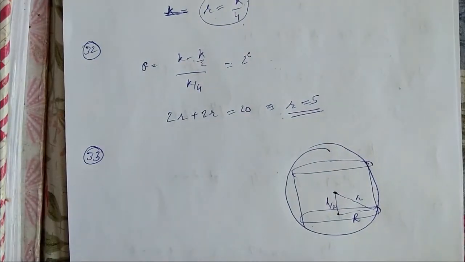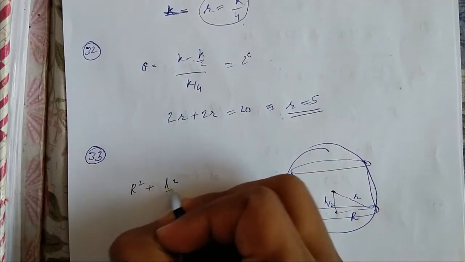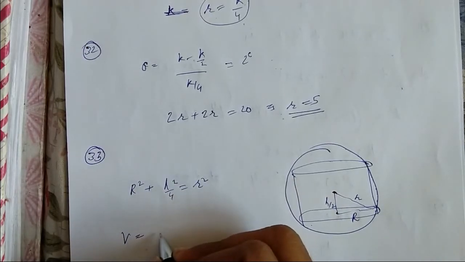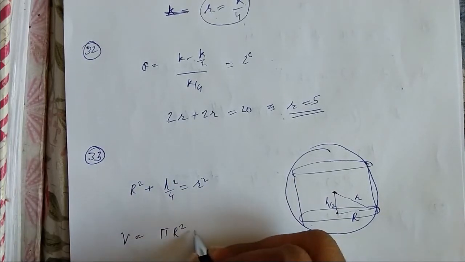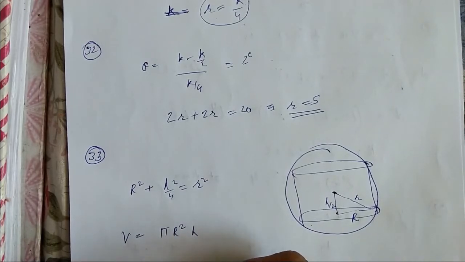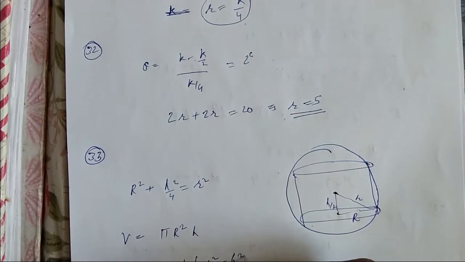Okay, you also know that R square plus h square by 4 equals r square, and volume of the cylinder would be pi R square h, equal to pi h (r square minus h square by 4).